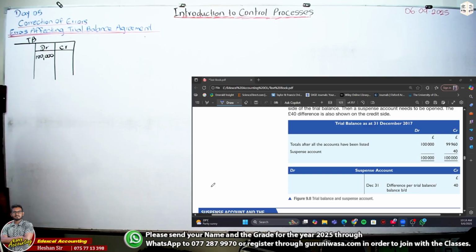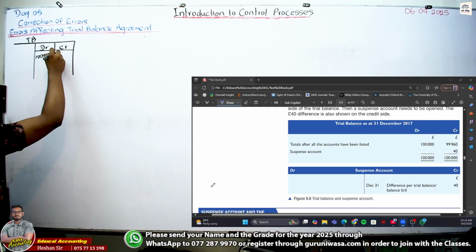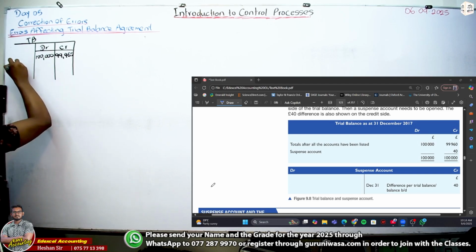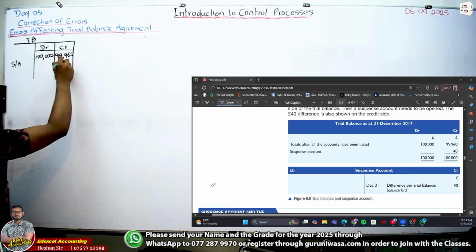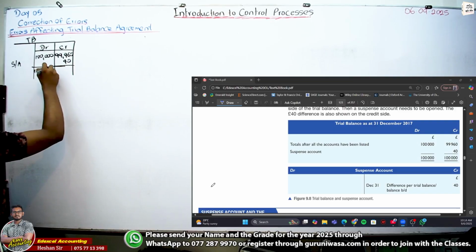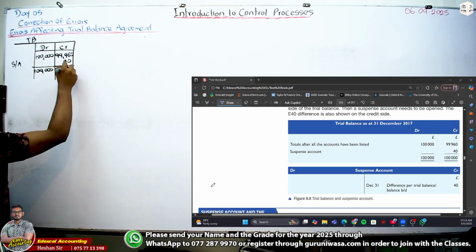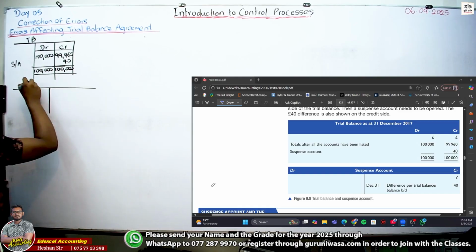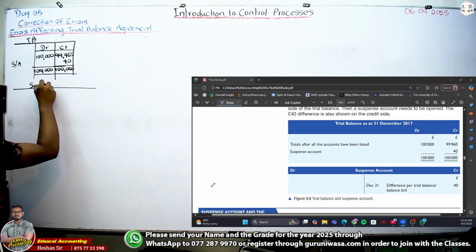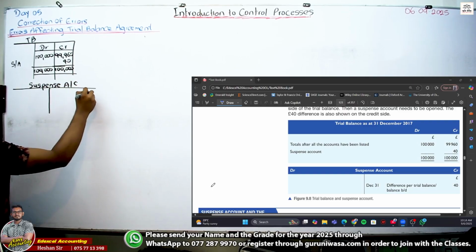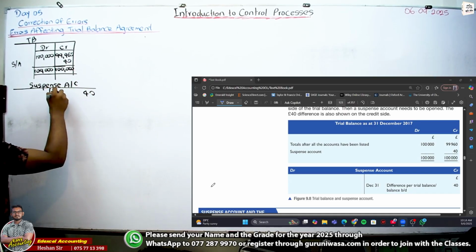The credit balance was 99,960. So there is a difference, and we write it as a suspense account of 40 and we tally it to here.